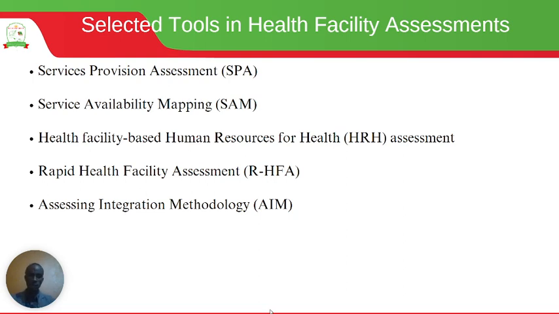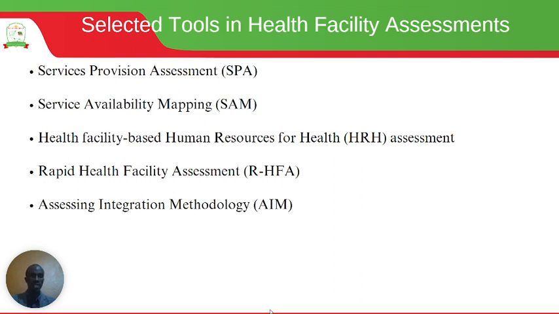And now we also need to focus on selected tools in health facility assessments. Whenever we are conducting an assessment to know the capacity and the quality of services that are being offered in health facilities, we can always use such tools, and they include the service provision assessment or SPA.